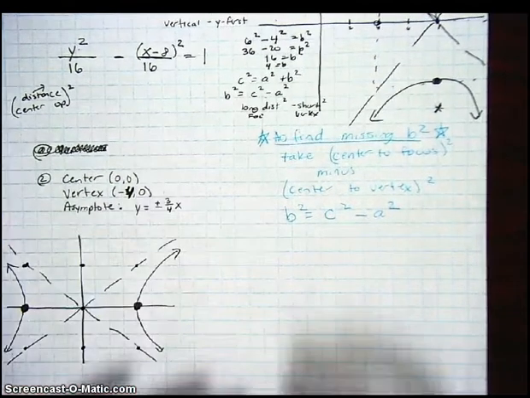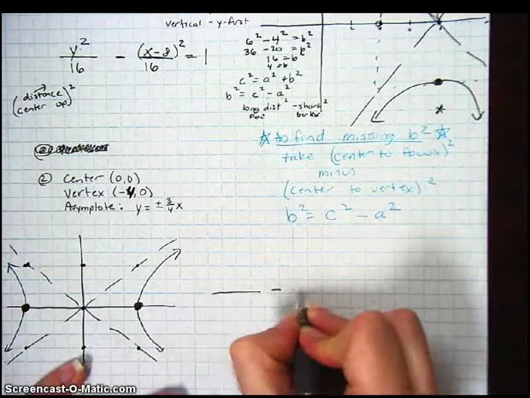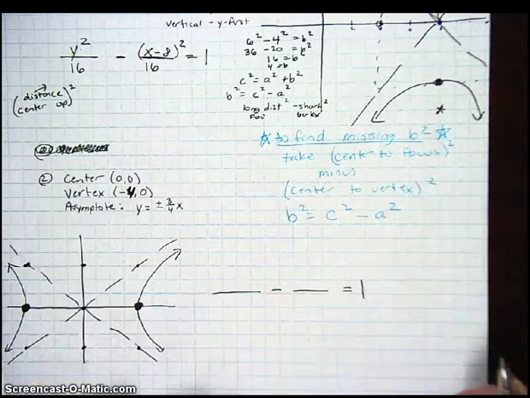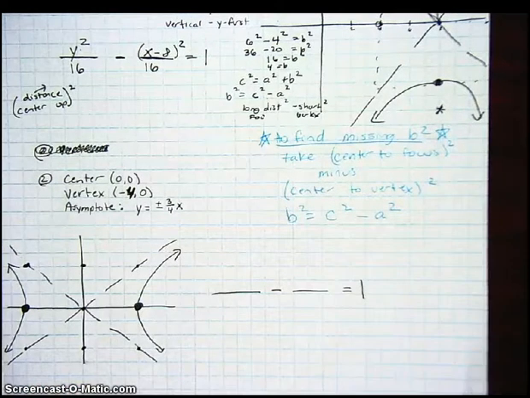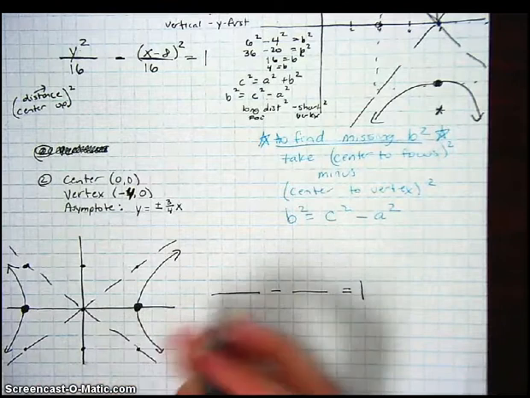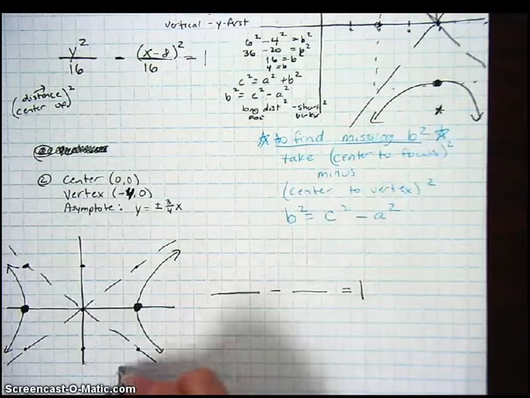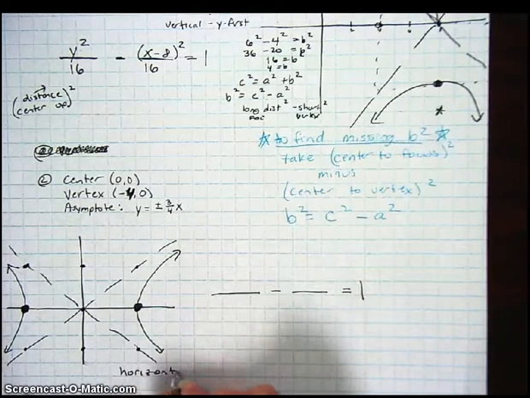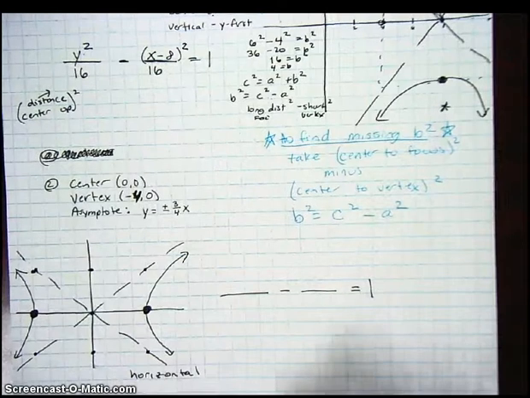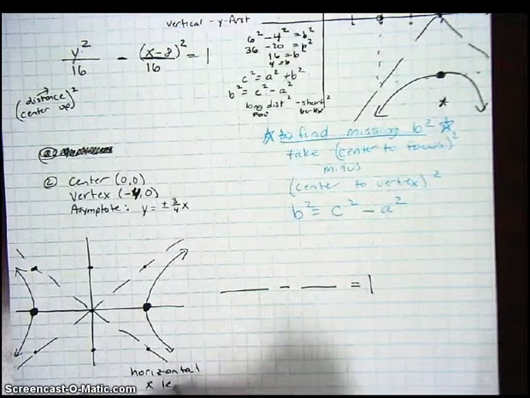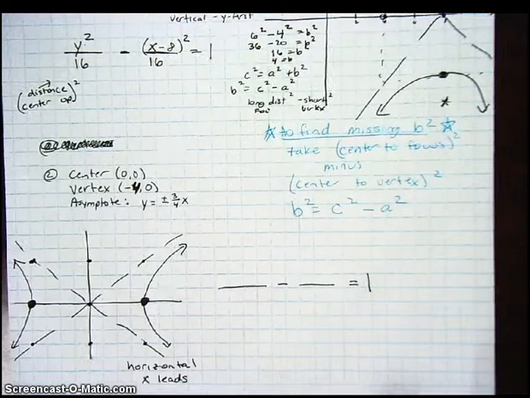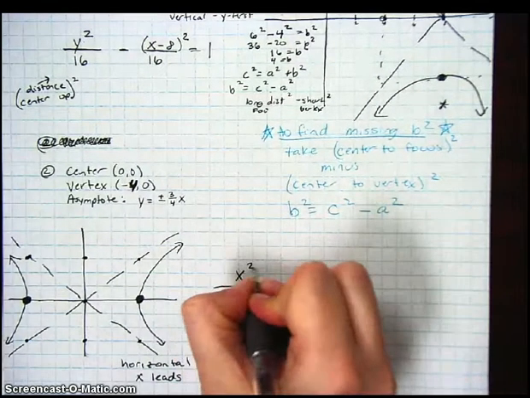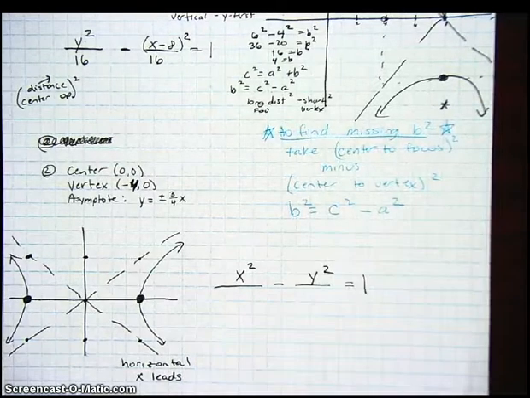When we go to write our equation, it's always fraction minus fraction equals 1. The top is where my center goes. Because my vertices go out sideways, this is going to be a horizontal hyperbola, sorry, I keep messing that up, which means x leads. Since the center is at 0, 0, we have x squared minus y squared.